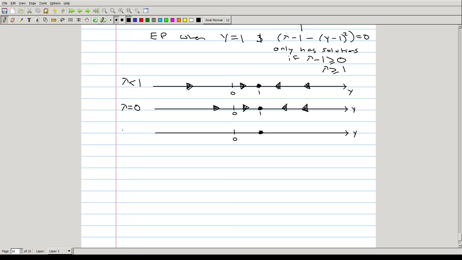But the interesting thing about the pitchfork bifurcation is that when lambda is positive, we go from having one stable critical value to having 3 critical values.